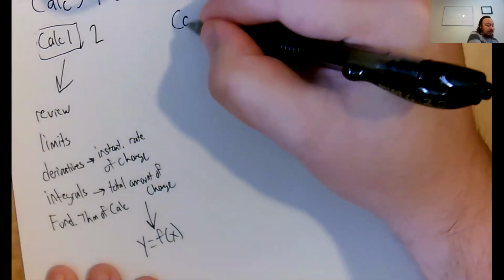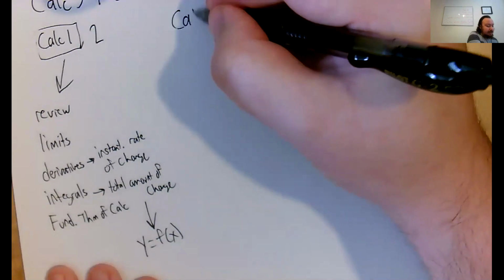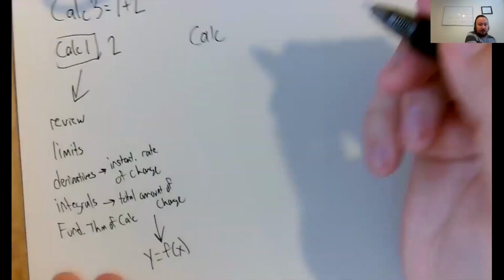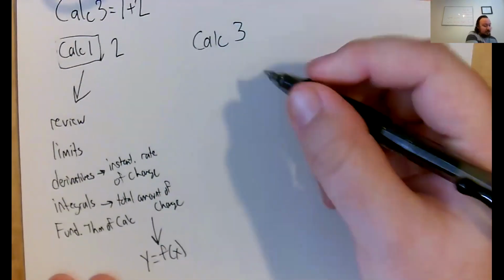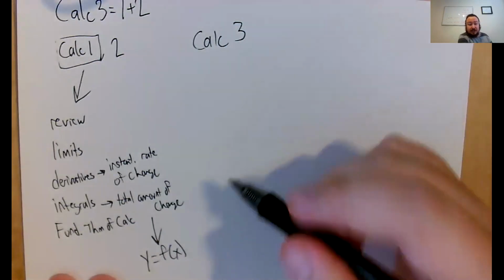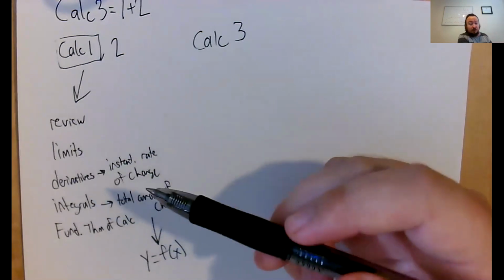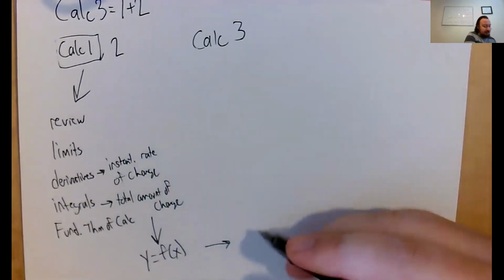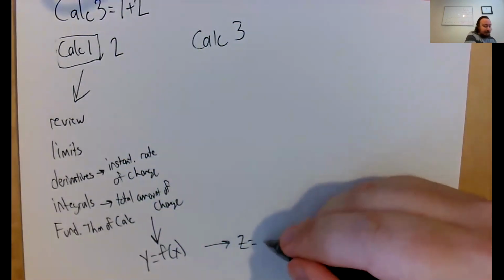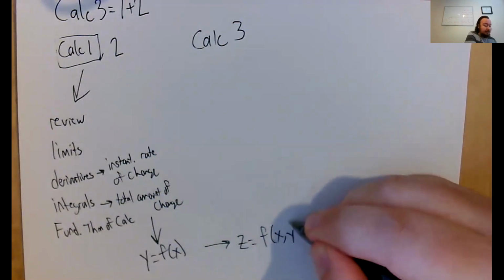Now, what we're going to be doing in Calc 3, which is Calc 1 with a 2, is we're going to do essentially the same thing. We're essentially going to repeat this in the same order. The only difference is that in Calculus 3, we're going to be looking at functions that depend on more than one variable.